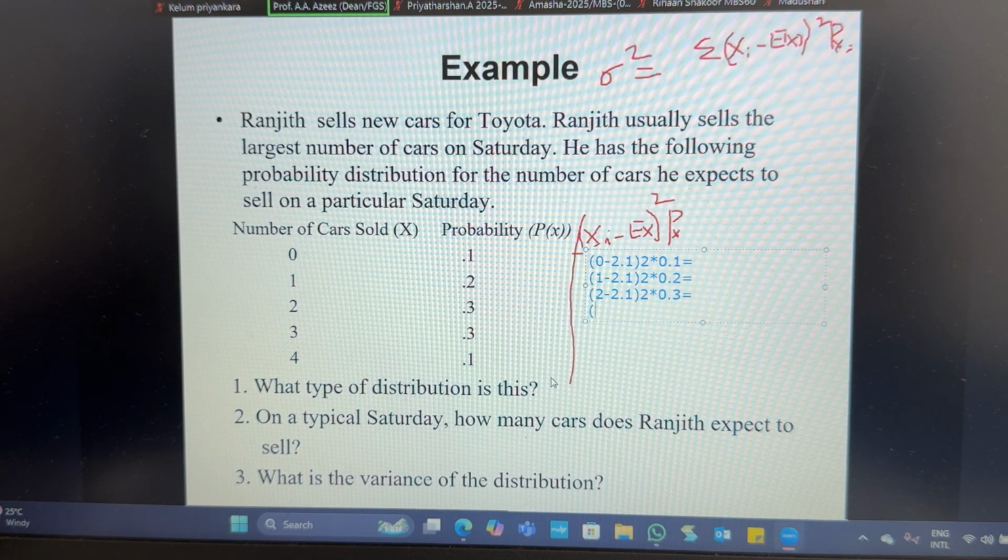The next one, 3 minus 2.1 squared into 0.3.